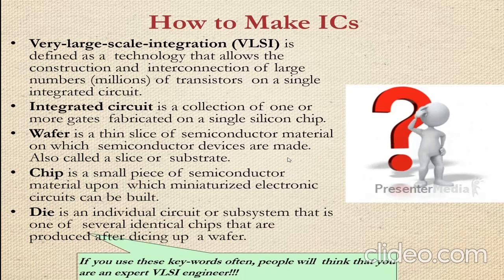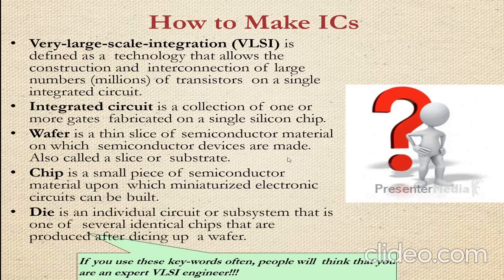Then the wafer. A wafer is a thin slice of semiconductor material on which semiconductor devices are made, and it is also called a slice or a substrate. A chip is a small piece of semiconductor material upon which miniaturized electronic circuits can be built. And there is one more term, the die.